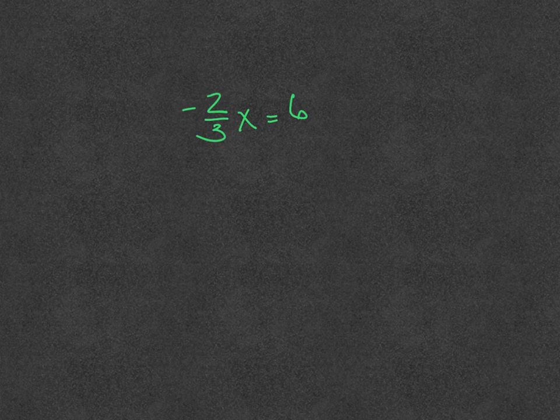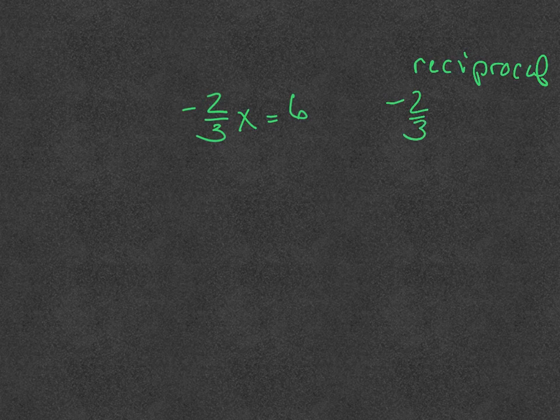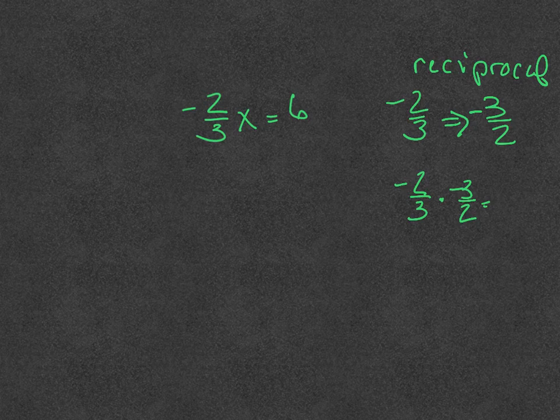So let's first start by finding the reciprocal of negative 2/3. Well, the reciprocal of negative 2/3 is 3 over 2, and it is negative. And that's because when we multiply the reciprocals times each other, we should end up with a positive 1.